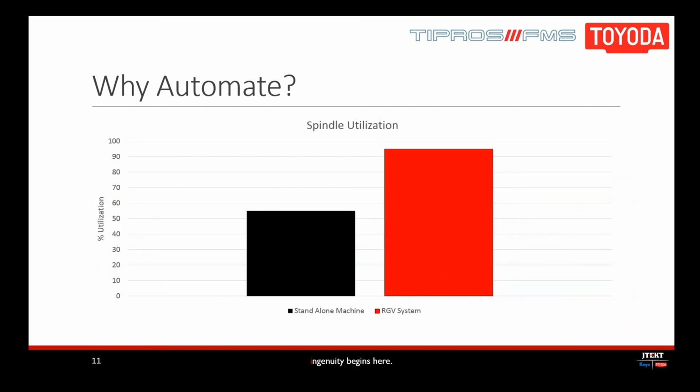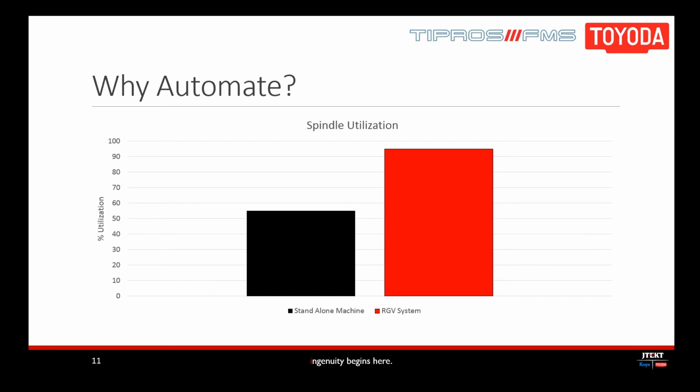Typically, a standalone 2-pallet horizontal machining center will yield about 55% spindle utilization, while a single or multi-machine RGV system yields over 95% true spindle utilization. This is due to the fact that once a new job has been proven in the cell, no additional time is needed for repeated setup, first article inspection, or additional handling of tooling.